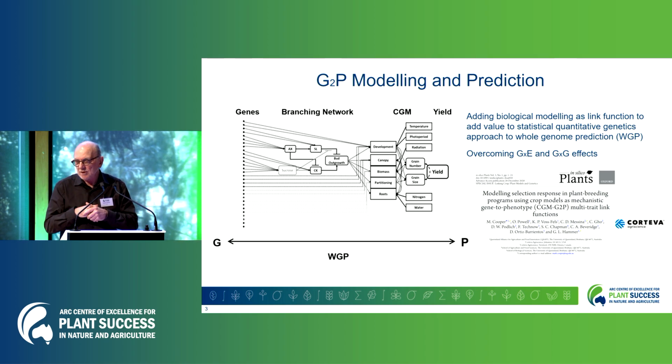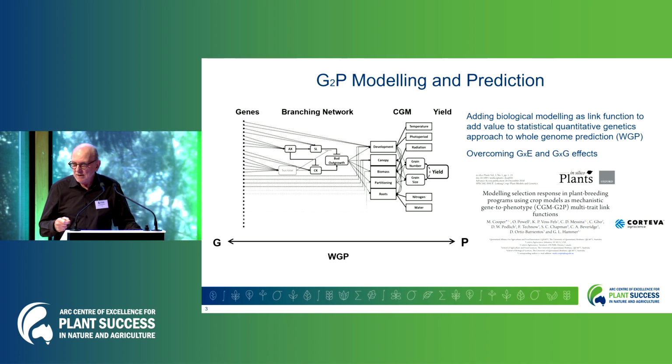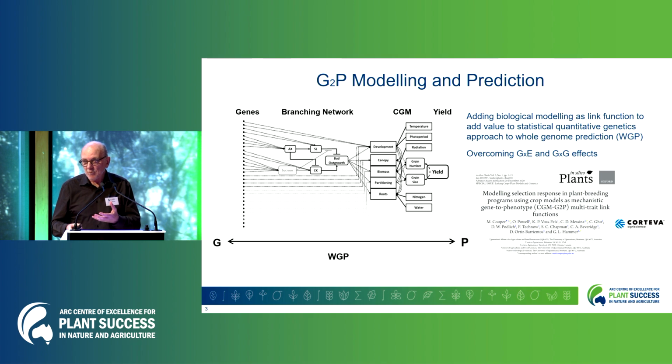And so it's limited in the sense that when you get genotype by environment interactions or trait by trait interactions, the sort of things that Charlie highlighted this morning, that system really has trouble in its capacity to predict well. So the argument here is we would like to introduce more biological understanding into that mix by bringing in combinations of crop models and trait network models. And that's what we'll talk about today.